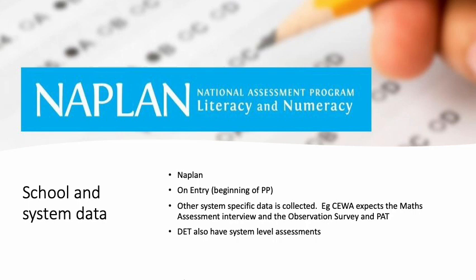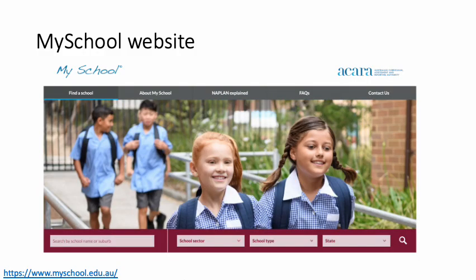Now, if you want to see some examples of different data and what they do with it, the My School website goes through and it has all of the information about every single school, all of their NAPLAN information, along with a whole lot of other information, such as their school enrolments, the percentage of Aboriginal and Torres Strait Islander, the percentage of EALD kids, the income of the school, the relative income of the children who go to the school, and so on.